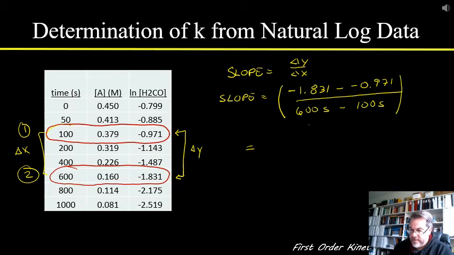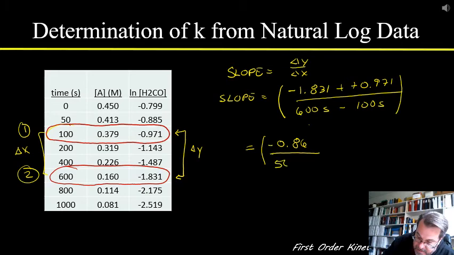Again, we've got minus and minus here, so we can make that plus. That gives us, in the numerator, negative 0.86, and again, those logs are unitless. And in the denominator, we get 500 seconds.